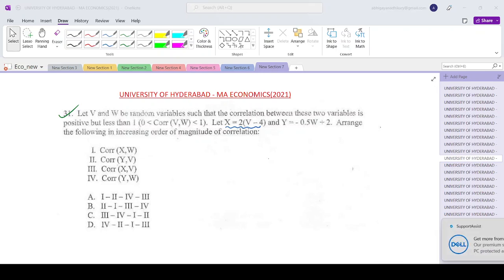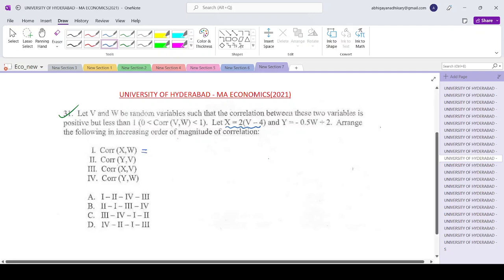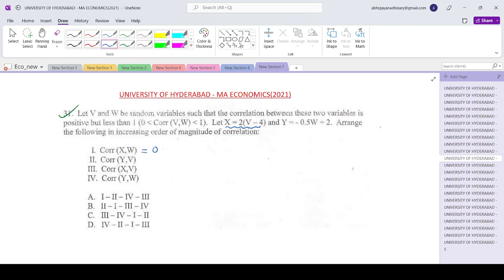Therefore, correlation between x and w will naturally be 0. You can understand that there is no calculation that needs to be followed to understand this. Similarly, y is defined only in terms of w, so it has no connection with v. So correlation between y and v is also 0. So these two are straightforward.